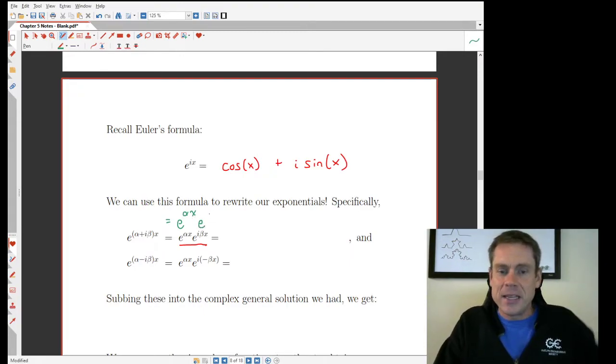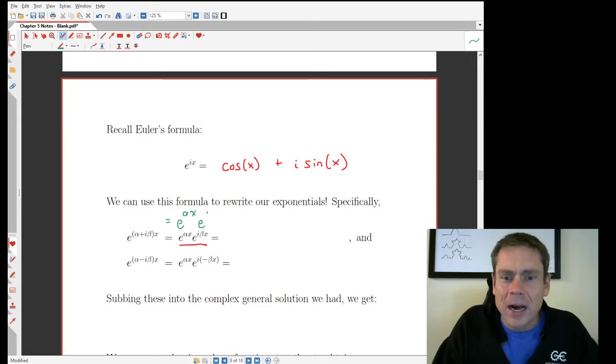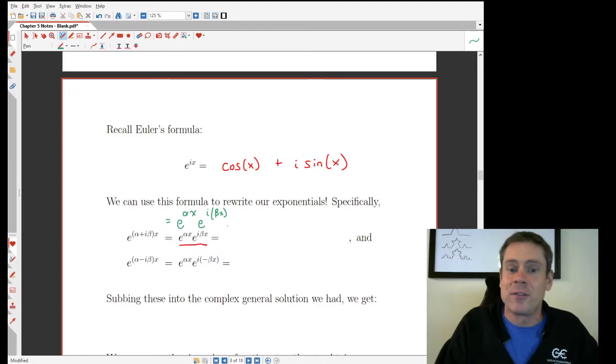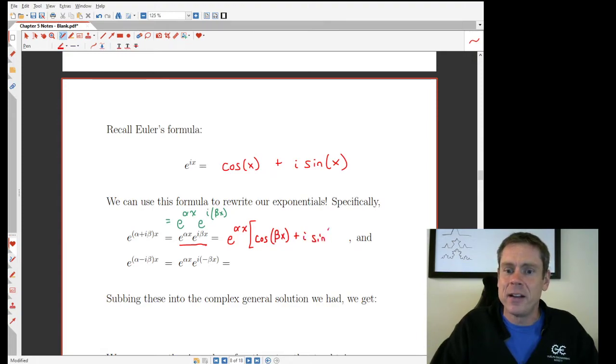This here is going to be e to the i times our thing, which is going to be beta x, whatever it is. And we're going to get the following. As I said, e to the alpha x is just fine the way it is. e to the i beta x is going to be cos of beta x plus i times the sine of beta x.